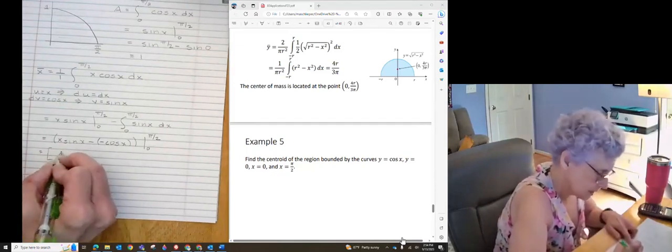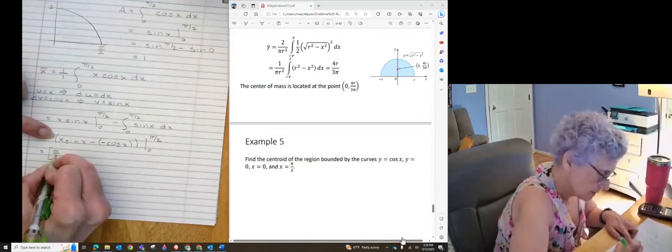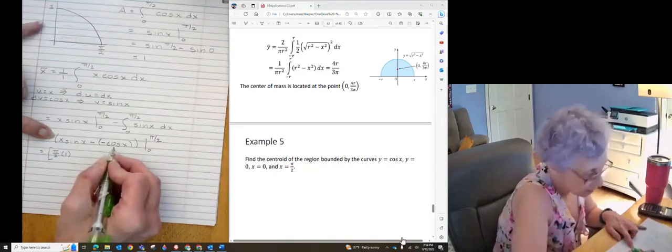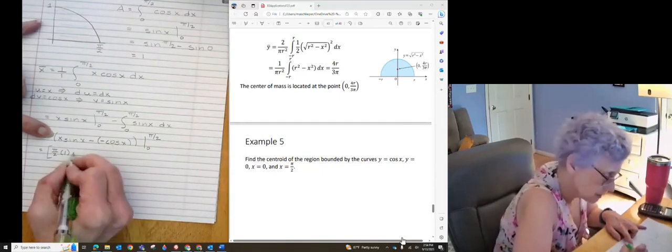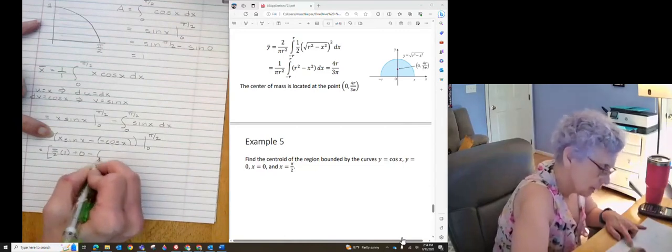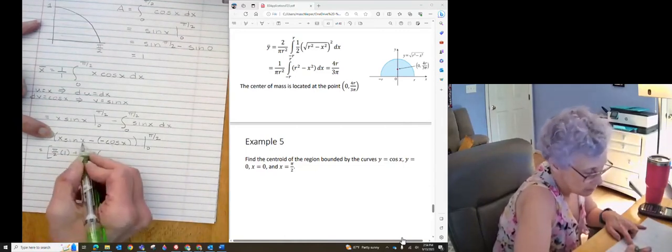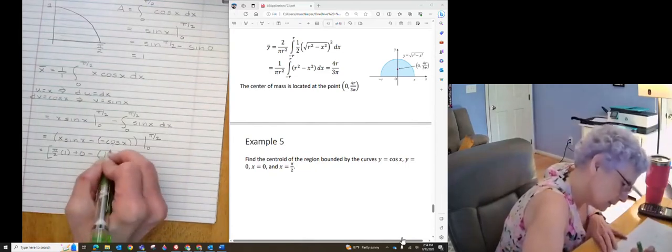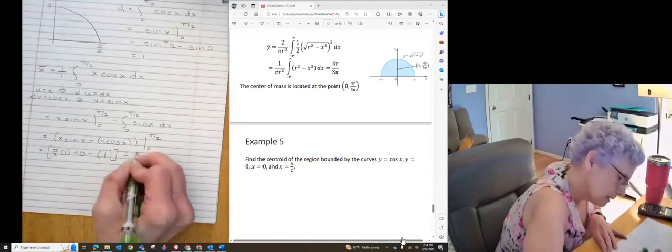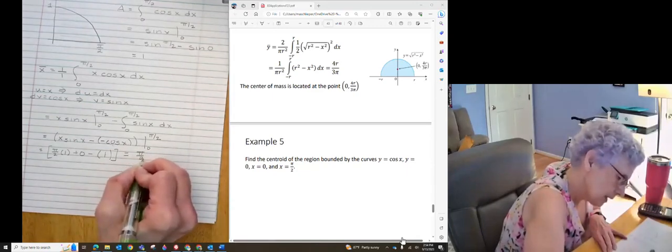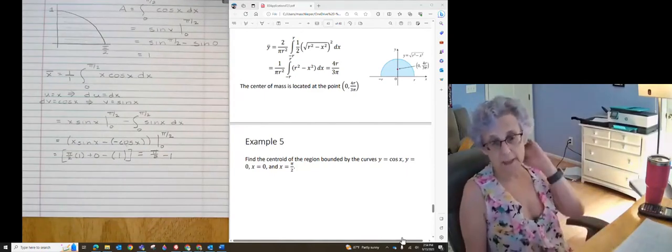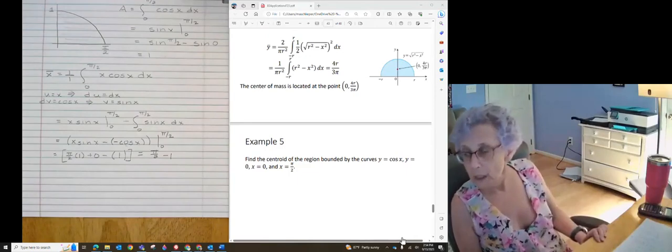So I have pi halves times sine of pi halves plus cosine of pi halves, which is 0, minus 0 times sine of 0, which is 0, plus cosine of 0, which is 1. So it's pi halves minus 1 is my x coordinate.